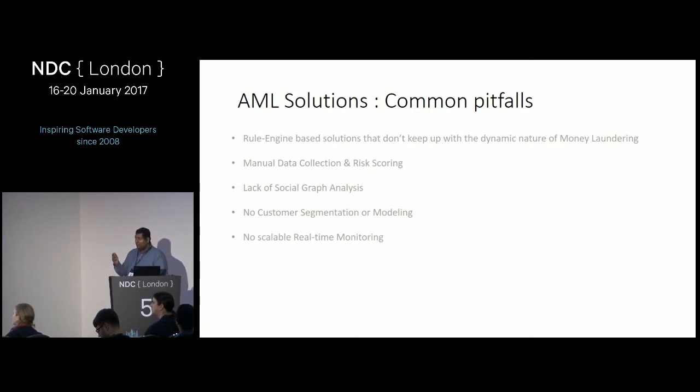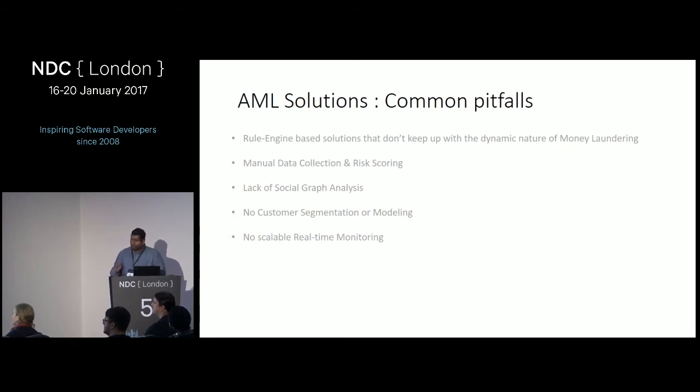There are other pitfalls, like there is a lot of manual data collection going on and risk scoring. There is also a lack of social graph analysis. What we mean by that is, let's say there is a bad actor and you've identified a fraudulent transaction by this actor. Having a social graph, an interaction graph of that actor, even if it's within the confines of your own organization, helps you identify potentially any other actors that this actor has interacted with.